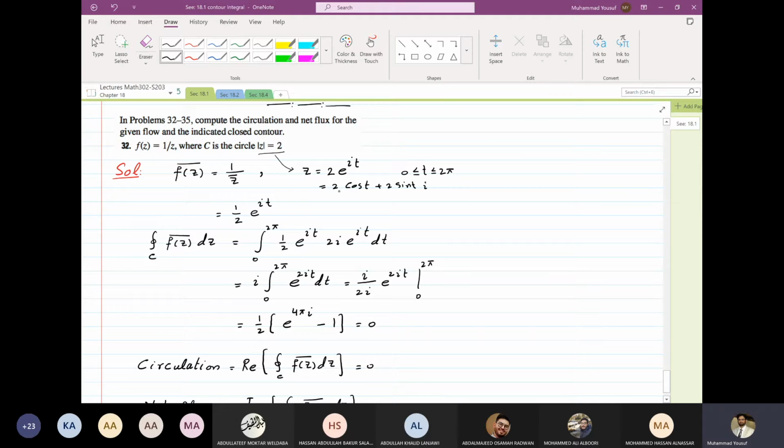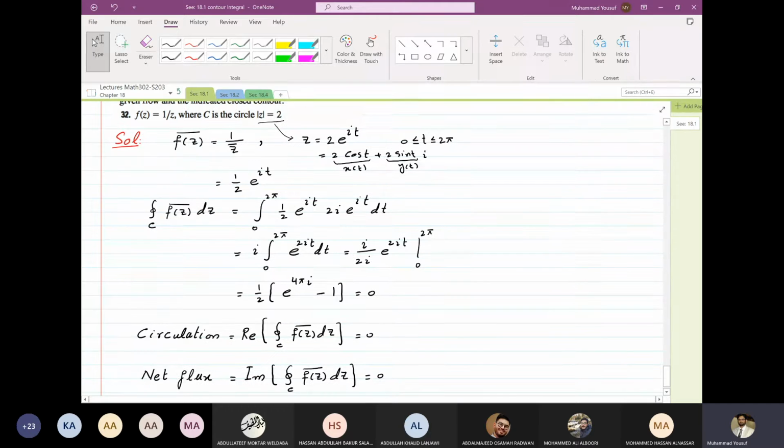Now, if you want to see that this curve is given by this, which is x of t, and this, which is y of t. And if you want to see this in expanded form, then in z equal to 2 e power it, x of t is 2 cosine t and y of t is 2 sine t. But we keep it as it is, 2 e power it.